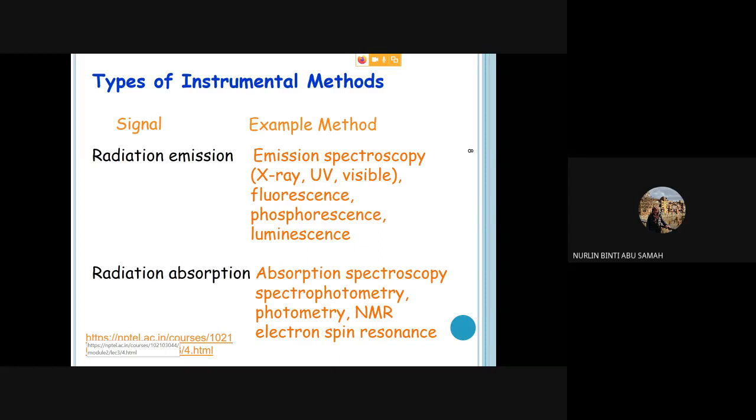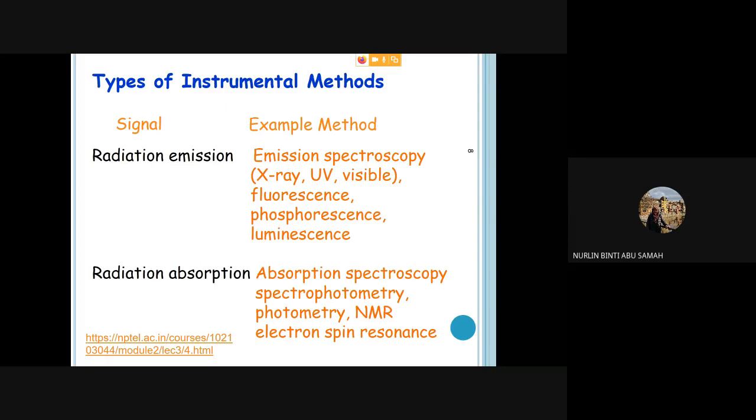Here we have different kinds of signals for instrumental methods. Basically we have emission and absorption. I start with emission. When we talk about emission, we refer to something that is emitted from the analyte. This is what we call emission spectroscopy.